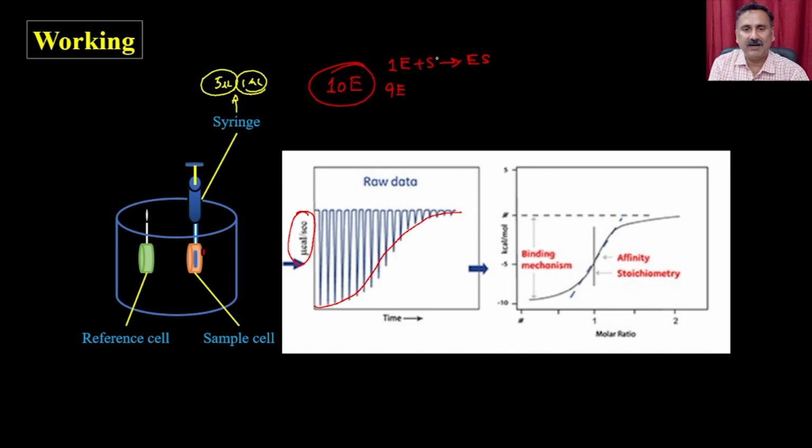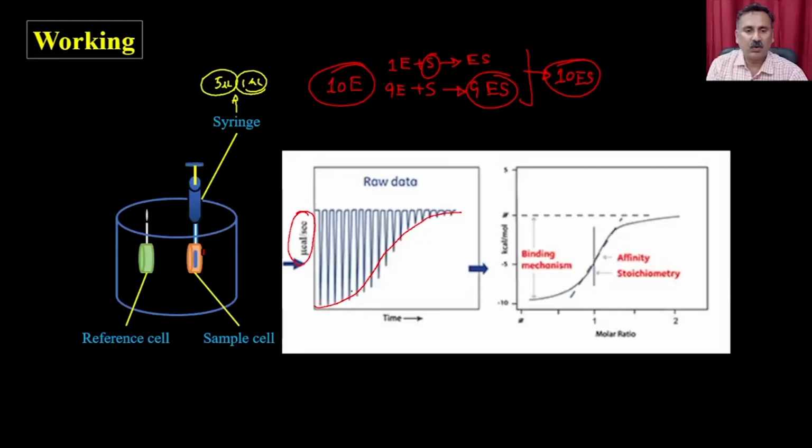Then when you add more substrate, that also binds, and that's how it forms the 9 molecules of enzyme-substrate complex, which means all the enzyme molecules now have a substrate molecule, and that's how this heat is going to be lower and lower and lower. The heat that is evolved or absorbed is going to be on a lower side, and at this stage the system is going to be saturated.